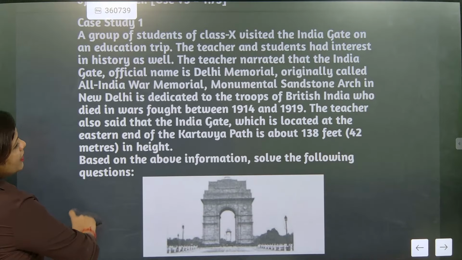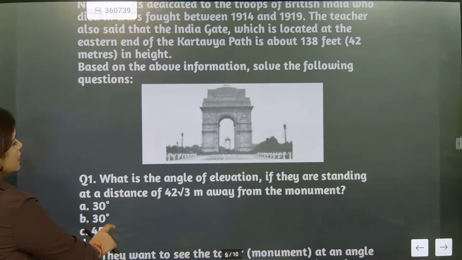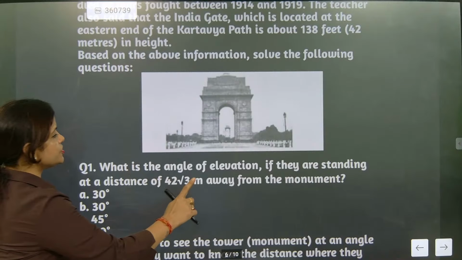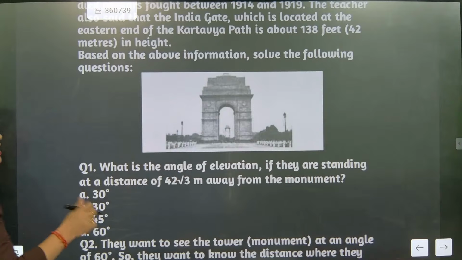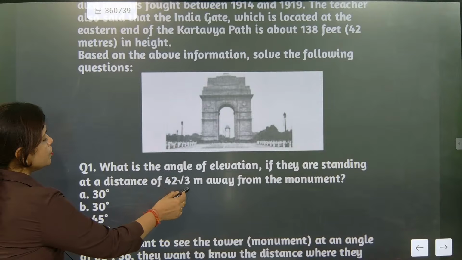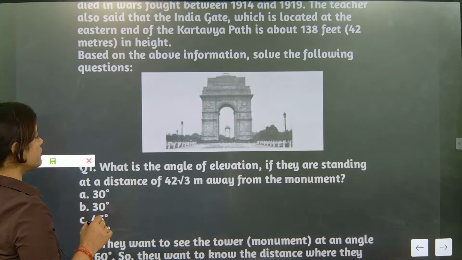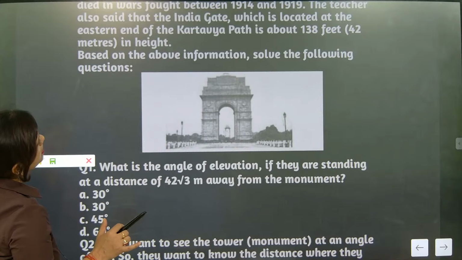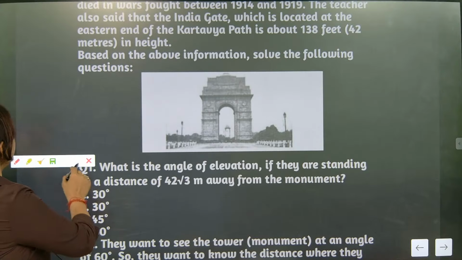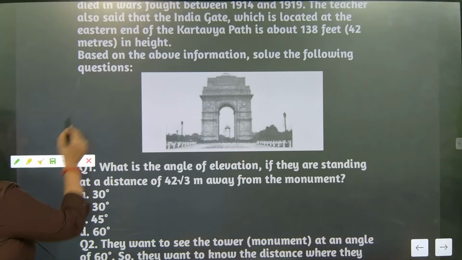What is the angle of elevation if they are standing at a distance of 42 root 3 meters away from the monument? 138 feet means 42 meters.